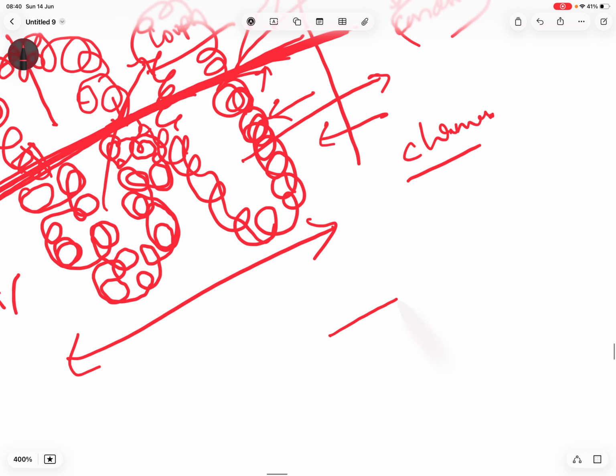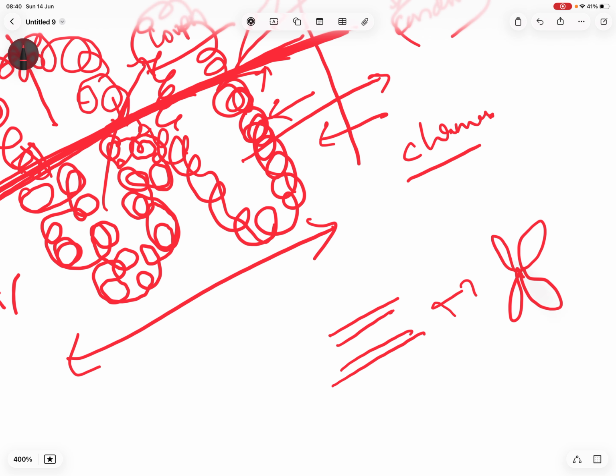They keep the double-stranded DNA molecules, after replication, very close to each other, so that during the mitotic phase the cells can form the chromosome structure.